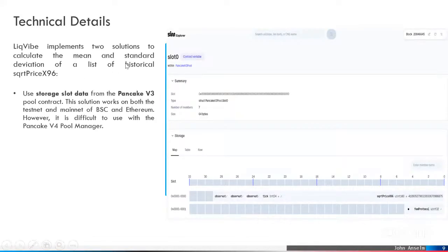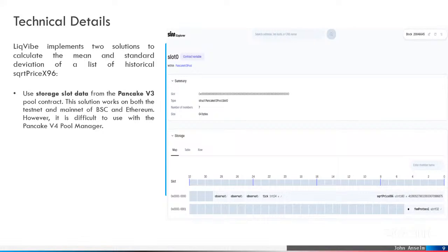Levi implements two solutions to calculate the mean and the standard deviation of a list of historical square root price x96. First, we use storage slot data from the Pancake V3 pool contract. This solution works on both the testnet and the mainnet of BSC and Ethereum.